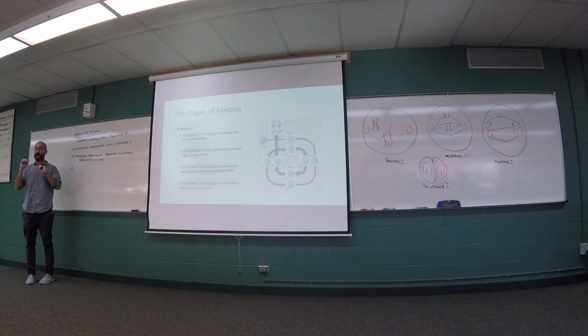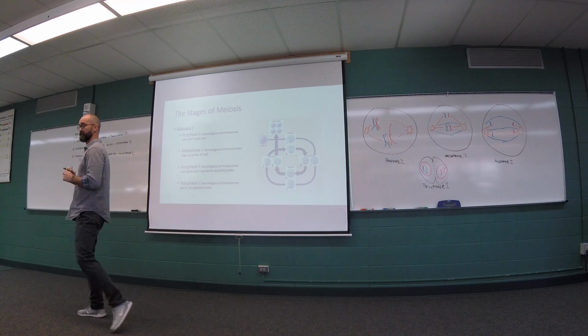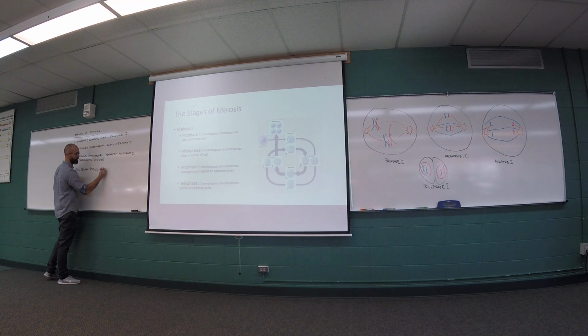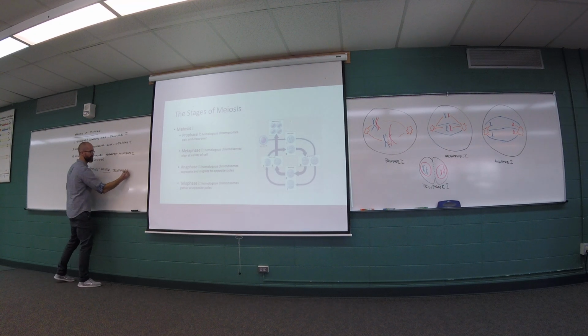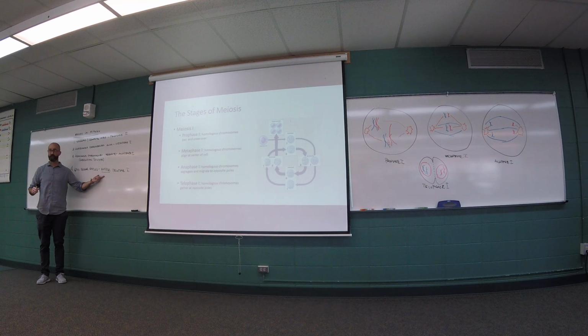So the last difference that I'm going to point out right now is that after telophase 1, cells become haploid. So it's important to remember that this occurs after telophase 1.